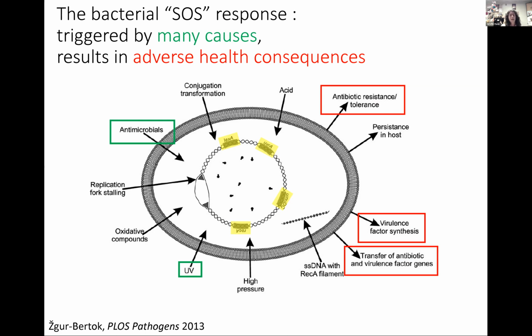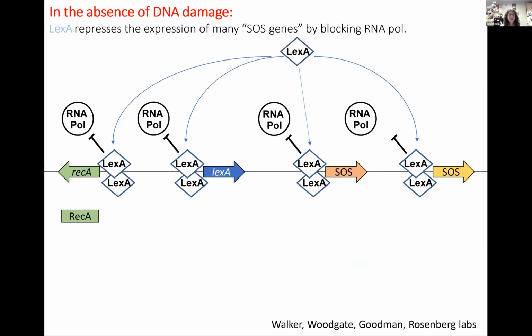So it's a big, wide problem. I'm going to show you in the next few slides the canonical model that people have developed in bacteria like E. coli, Staph aureus, and here we're seeing the default position in the absence of DNA damage.